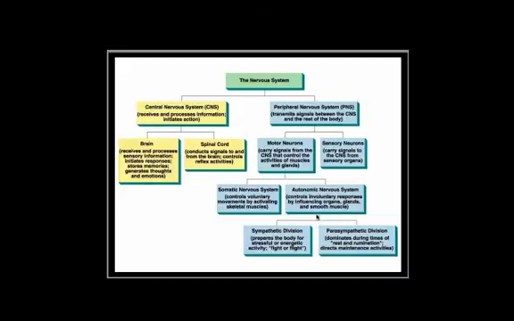Now, the autonomic has two main branches, depending sort of on what the external environment, what the external stimuli are. So we've got the sympathetic division. This is commonly referred to as the fight or flight response. So this is preparing the body for stress or for exerting energy.